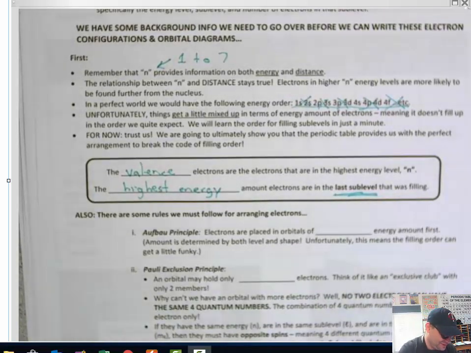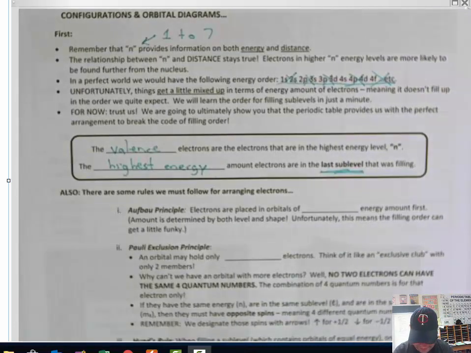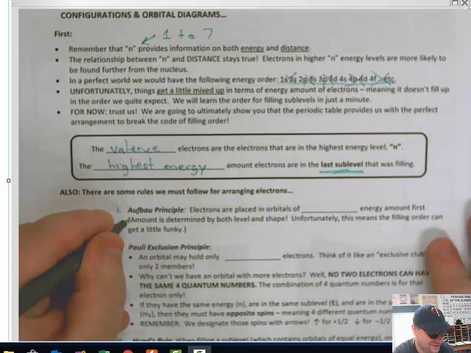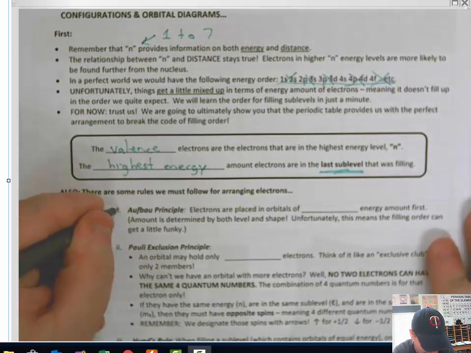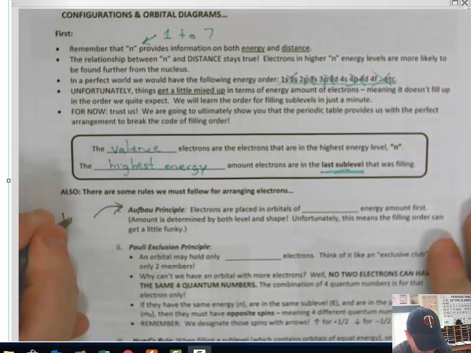Now we need to go over three great rules. We have to go over the Aufbau principle. Took me a while to figure out that with this Aufbau principle, there's nobody named Aufbau. This is a German word for building up.